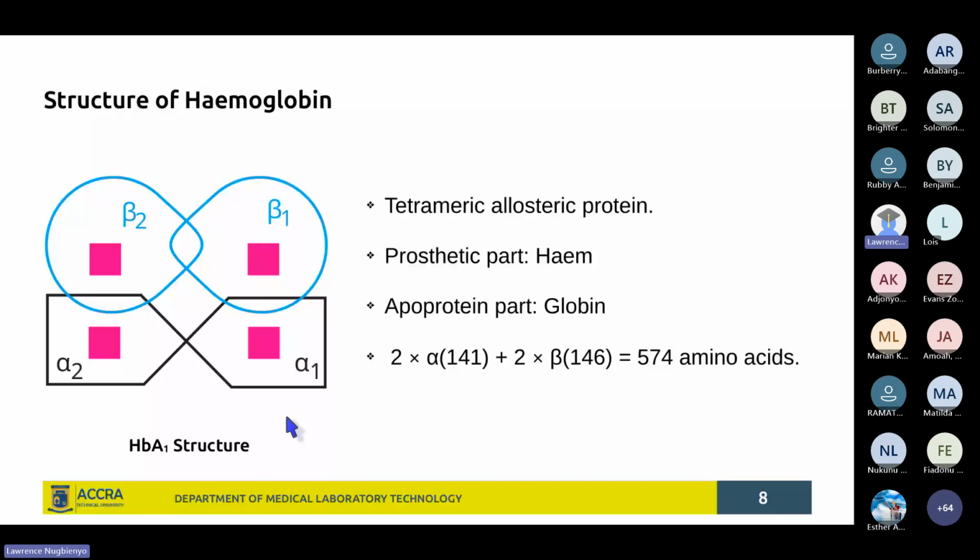You see that we have other types of hemoglobin. It's only that those other types of hemoglobins are in lesser amounts in blood. So a lot of times, when the structure of hemoglobin is being referred to, this is the structure that is talked about the most, having 2 alpha chains and 2 beta chains.